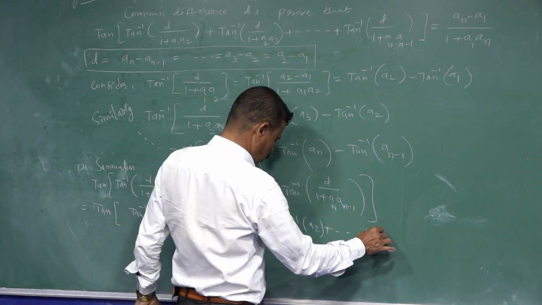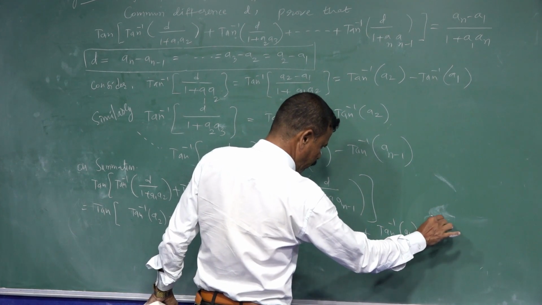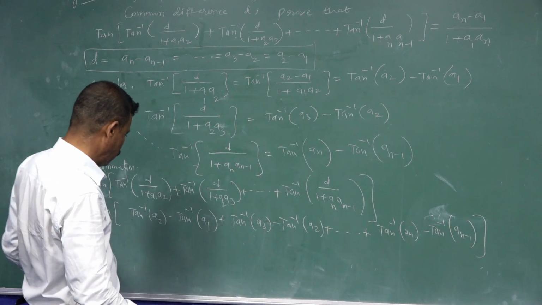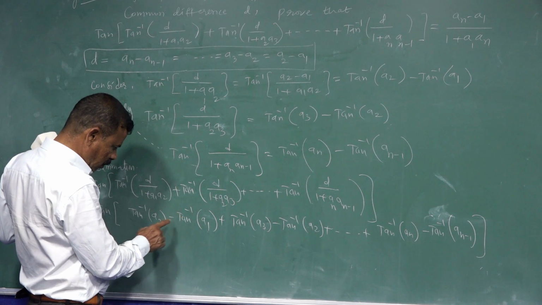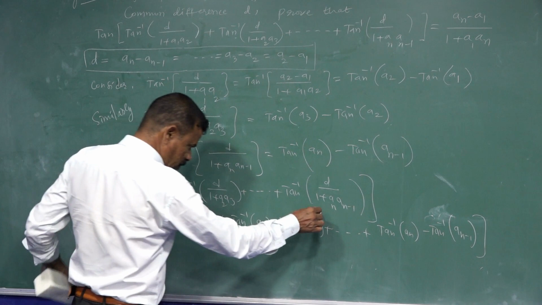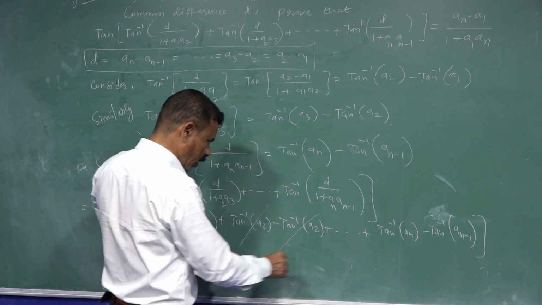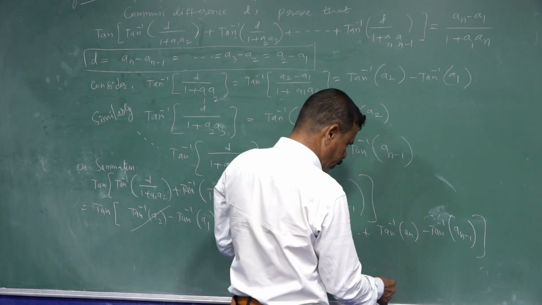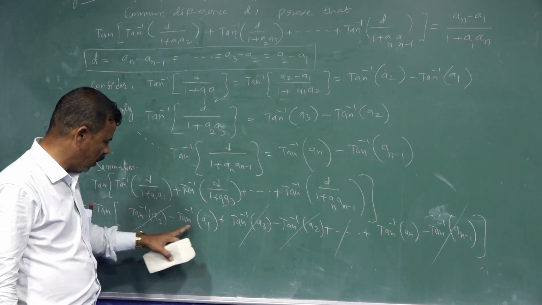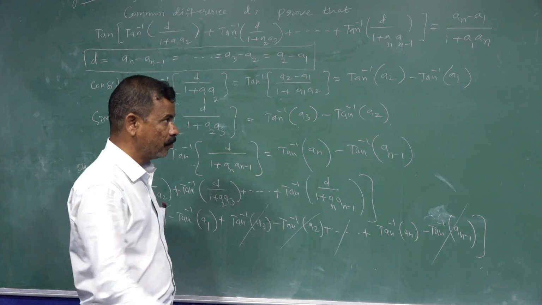The last term is tan inverse of an minus tan inverse of a(n minus 1). So what cancels? Tan inverse of a2 here, this one cancelled with minus tan inverse a2. Next, tan inverse of a3 and so on, continuously up to this term, cancelled. The remaining terms are minus tan inverse a1 and tan inverse of an.